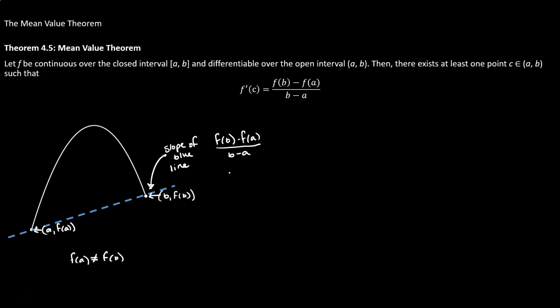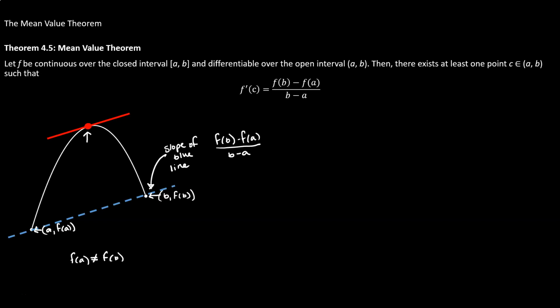That's just the slope between 2 points. So the mean value theorem says that whatever the slope of that blue dashed line is, there exists a point c inside of that interval from a to b, such that when we plug that c value into our derivative, it creates a parallel tangent line.